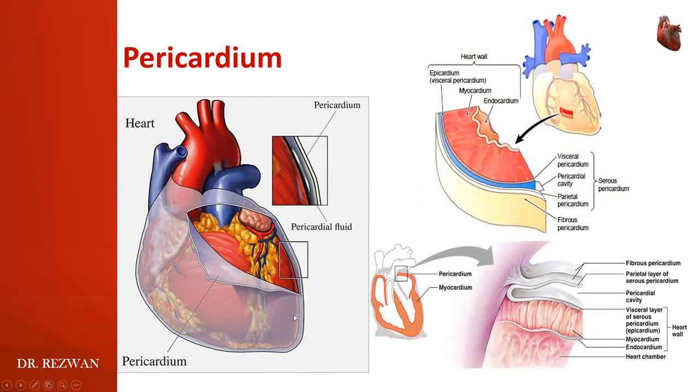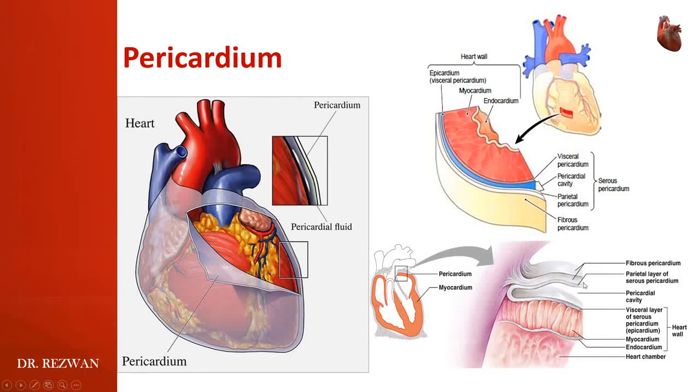Now in this picture we can see the covering of the heart, that is the pericardium. Over here we can see that the pericardium has the outer fibrous layer and inner serous layers, which have the parietal layer, firmly adherent with the fibrous layer, and the visceral layer, which adheres on the surface of the heart.